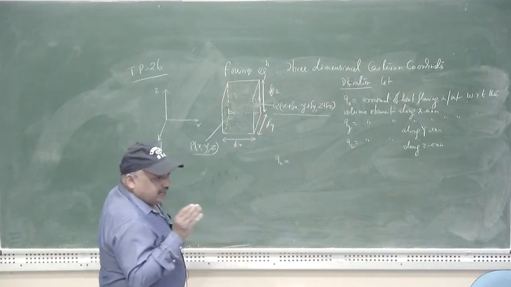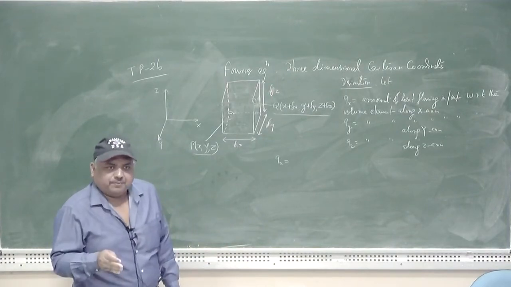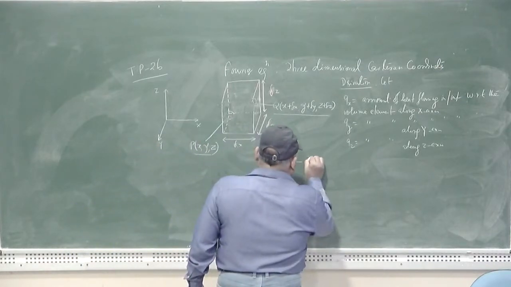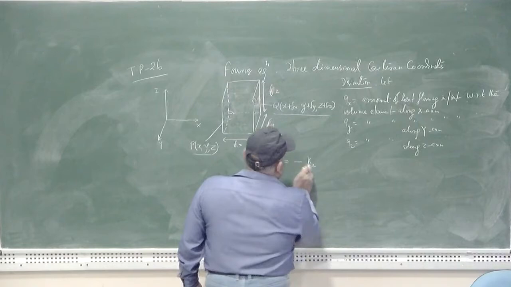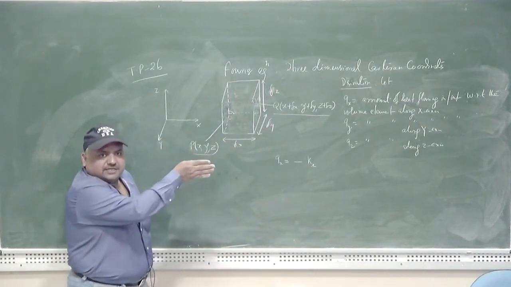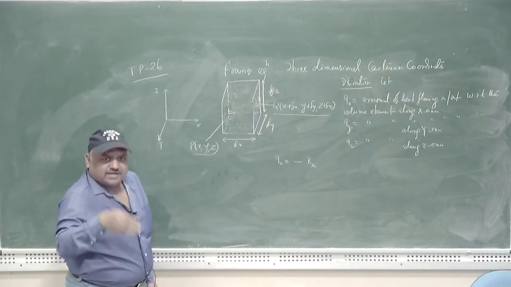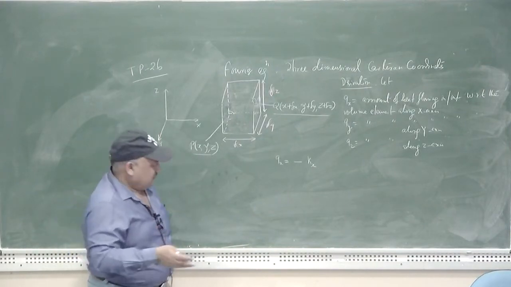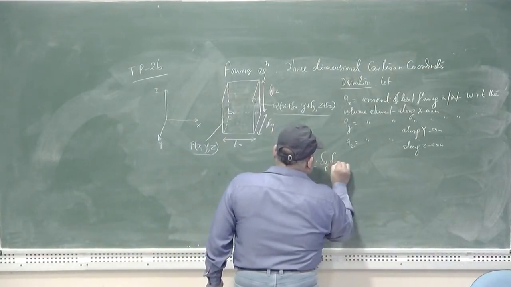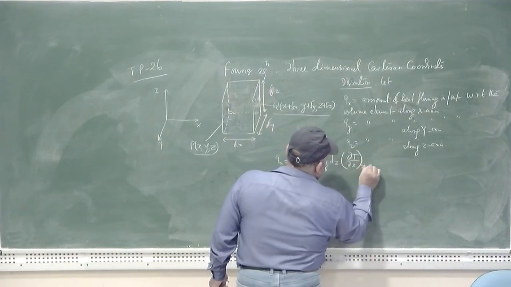So if that is our assumption at this stage, then Qx can be written as minus Kx, the thermal conductivity along the x-axis, because the heat energy is flowing along the x-axis, so the area perpendicular to that will be the yz plane. So Qx is equal to minus Kx delta y delta z into the temperature gradient along the x-axis at the point x equal to x.